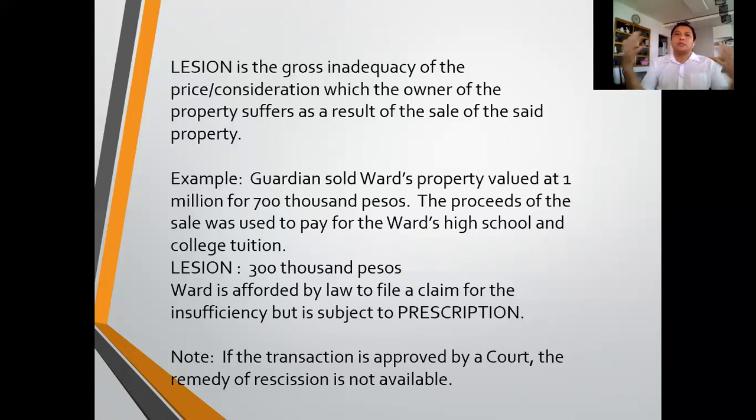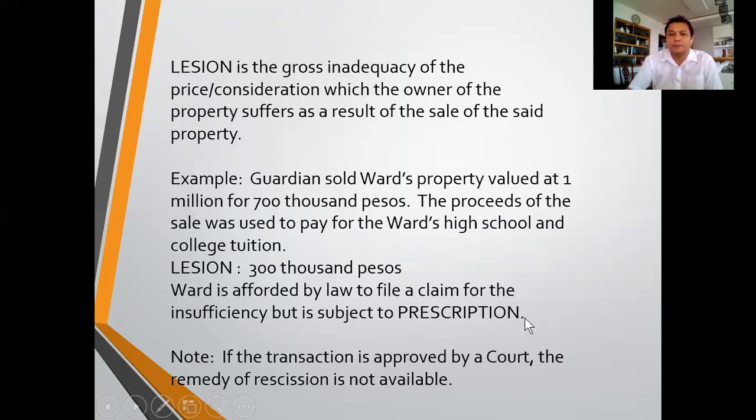So there is return or restoration of the things received. Here the ward has received 700,000 pesos, so he will return that to the buyer. And the buyer of the property shall return the property to the ward. That is the effect of the rescission.